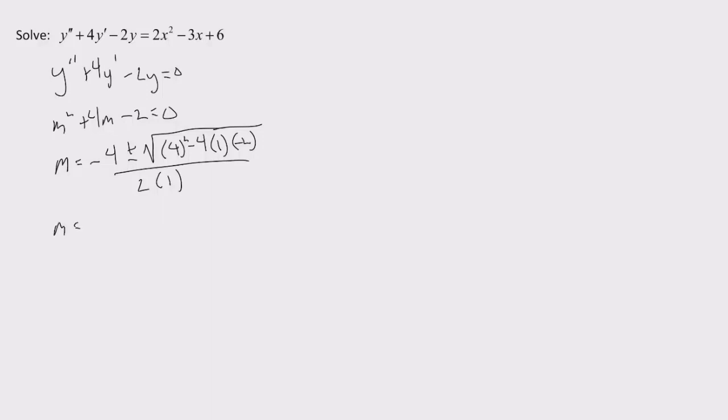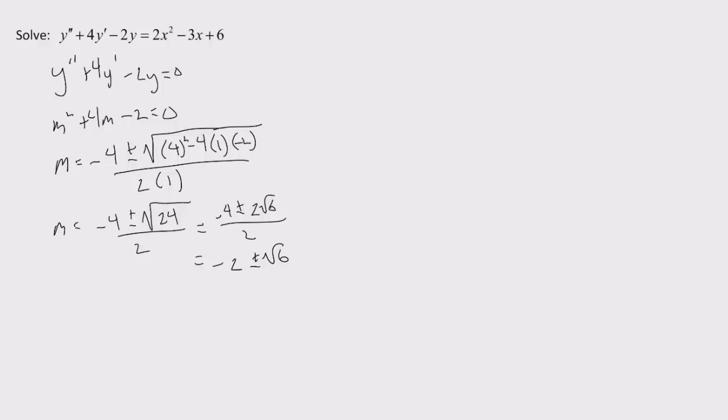That's going to give me negative 4 plus or minus the square root of 16 plus 8, so 16 plus 8 is 24, over 2. We can take a 4 times 6, so 2 square root 6 over 2. So negative 2 plus or minus square root 6.